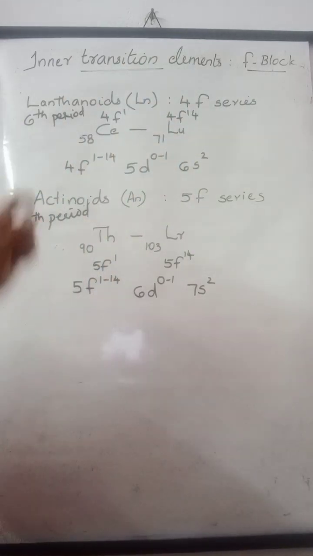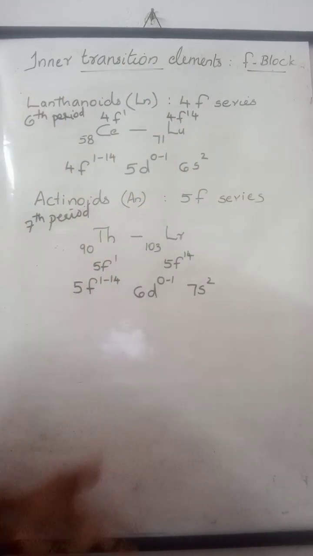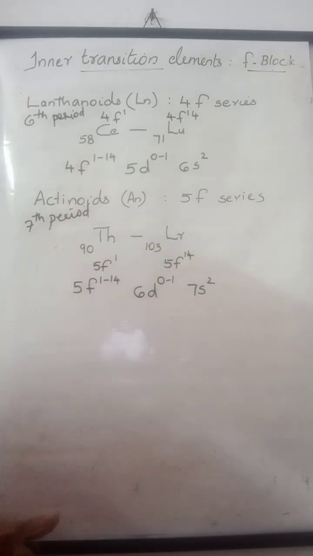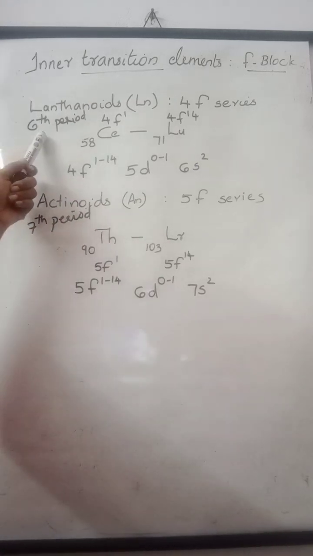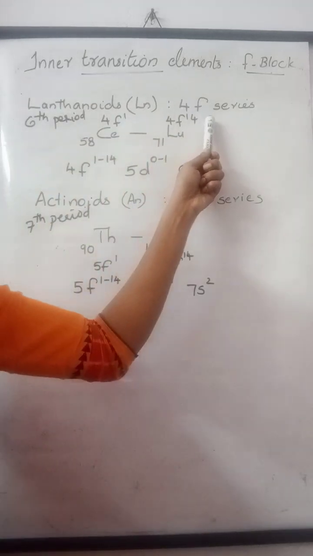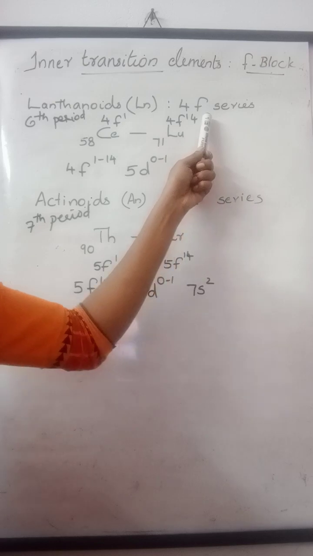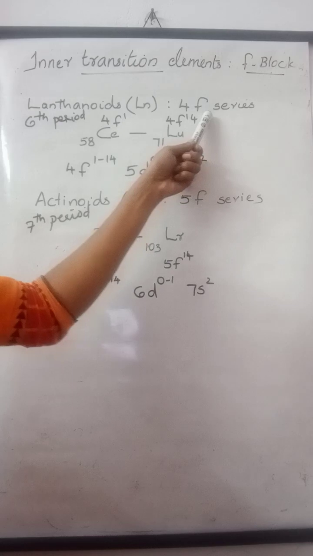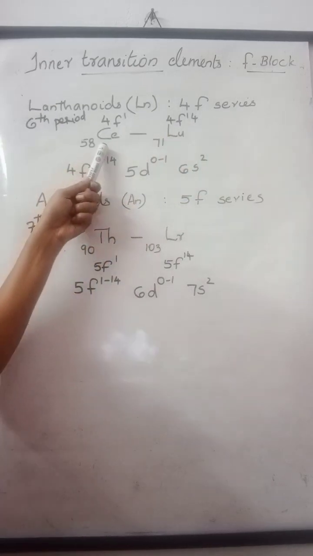block. Why are these elements called F block elements? Because in lanthanoids and actinoids, F atomic orbitals are filled with electrons. In lanthanoids, 4f atomic orbitals are filled with electrons, hence this is also called the 4f series. 4f starts filling with cerium.